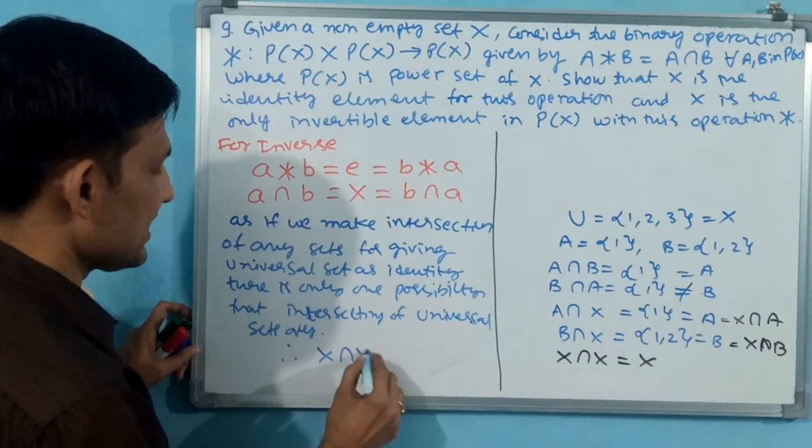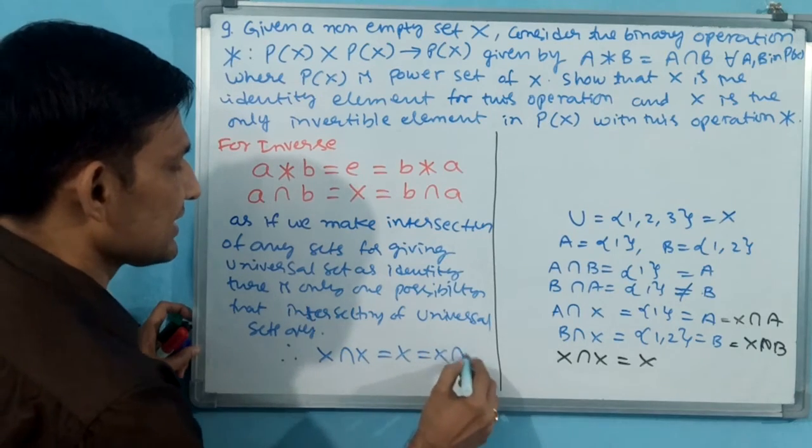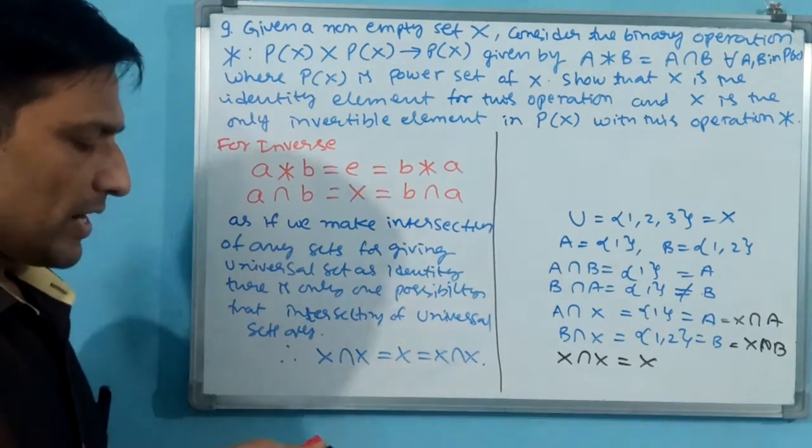Therefore, X intersection X is equal to X, that is equal to X intersection X. Okay, like this you write.